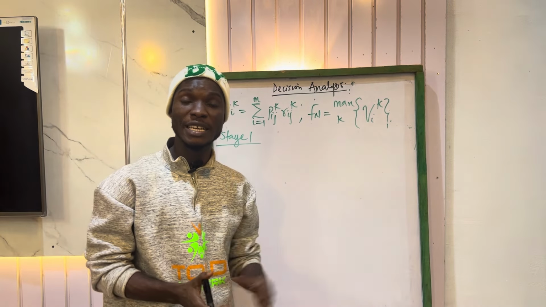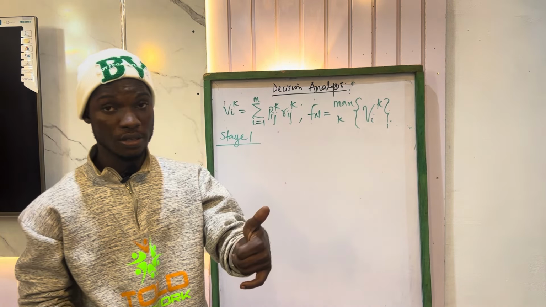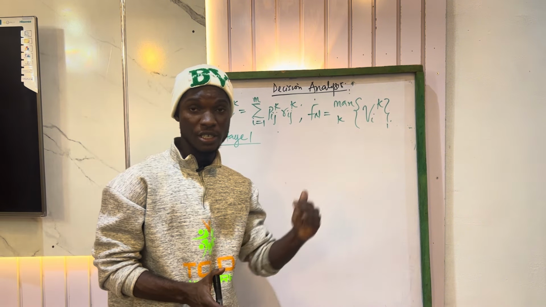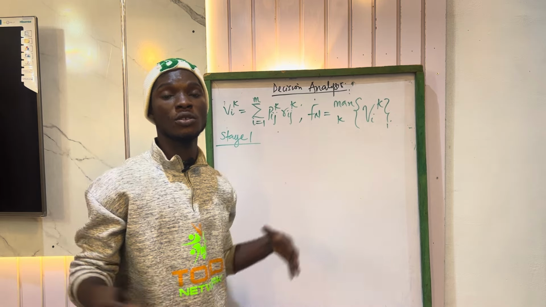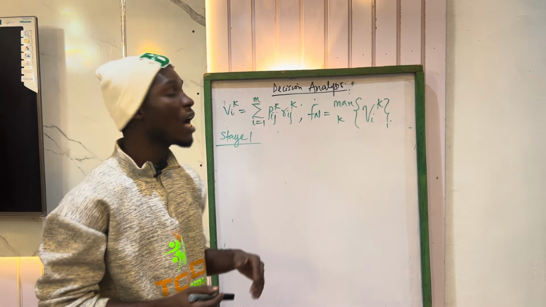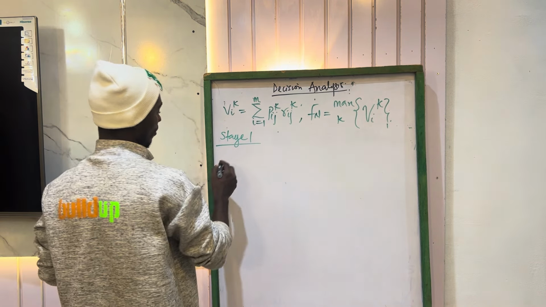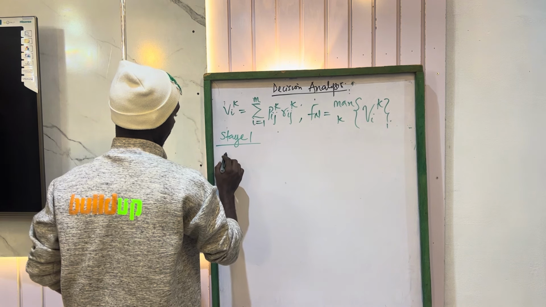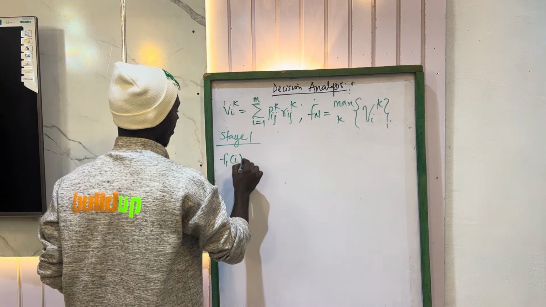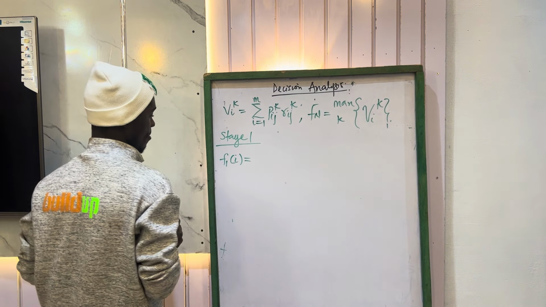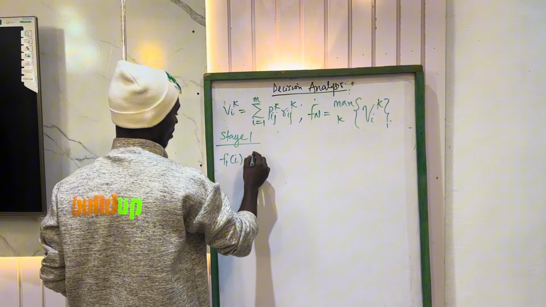You know, from the initial, I said N equals what? N equals 3, right? So we started from stage 3, then stage 2. So this is the last stage, which is stage 1. We want to find the final iteration. So how do we get this? For stage 1, F1 of I equals, now what is it going to be?